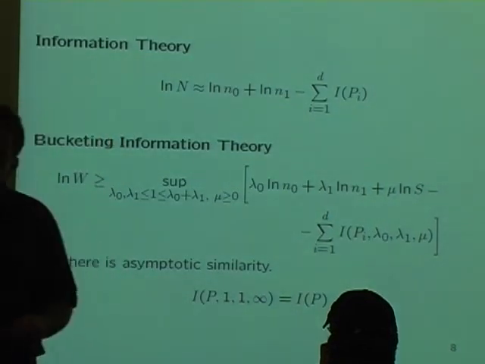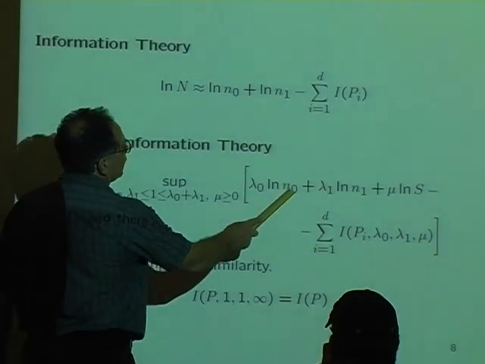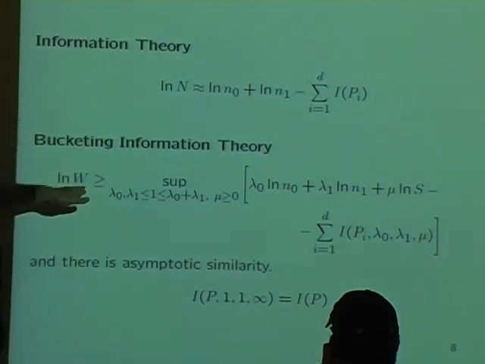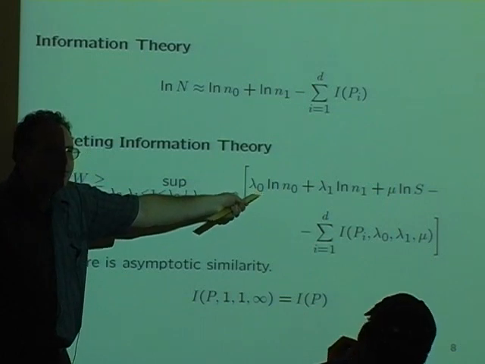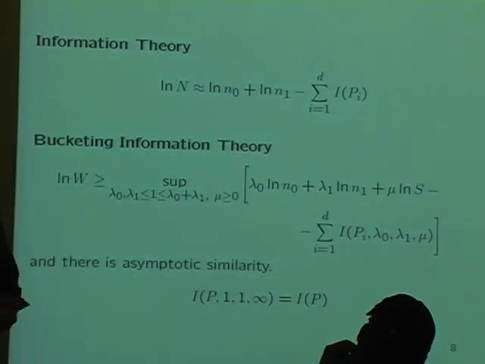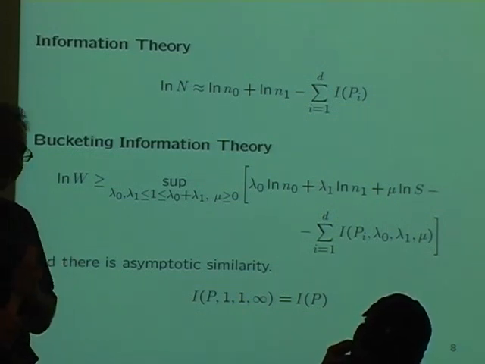So for instance, if we increase the size of the set from n0 to 2n0, what happens to the work? It increases by a factor of 2 to the lambda 0. So this lambda 0 is actually the exponent showing how the work increases with the size of the first set.